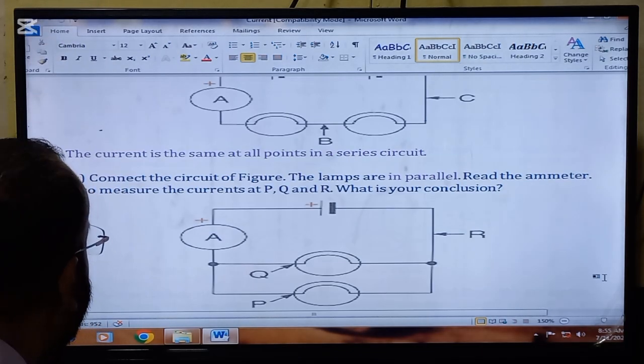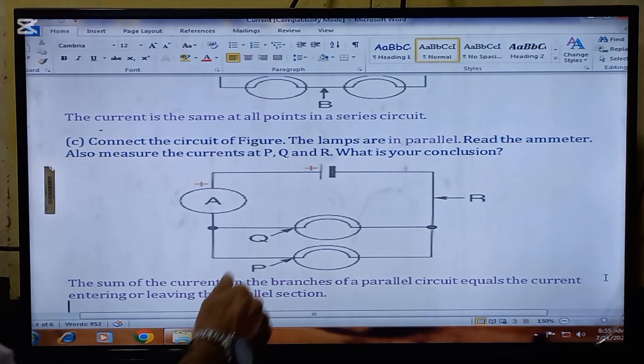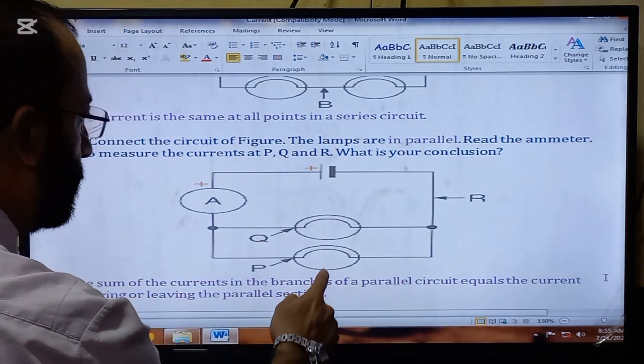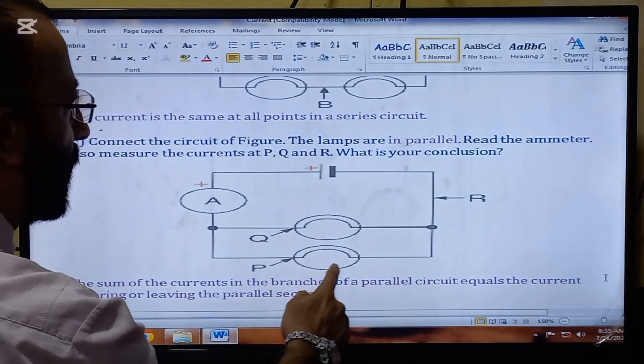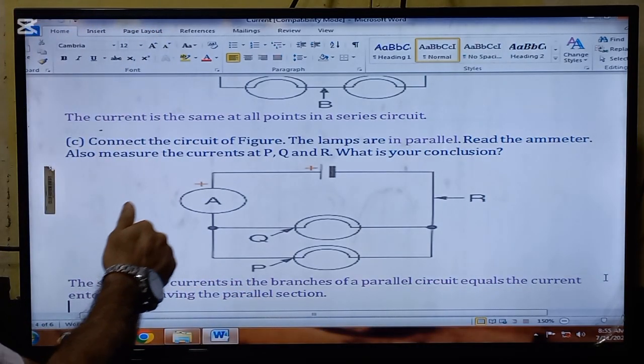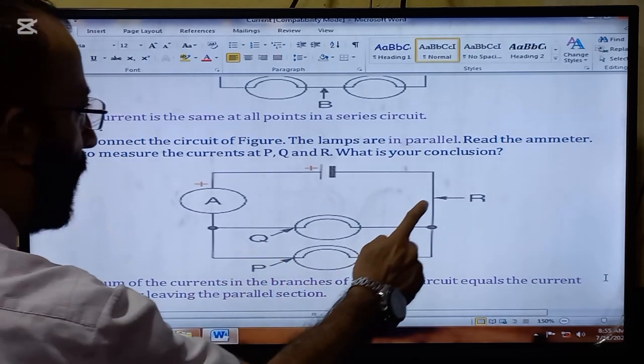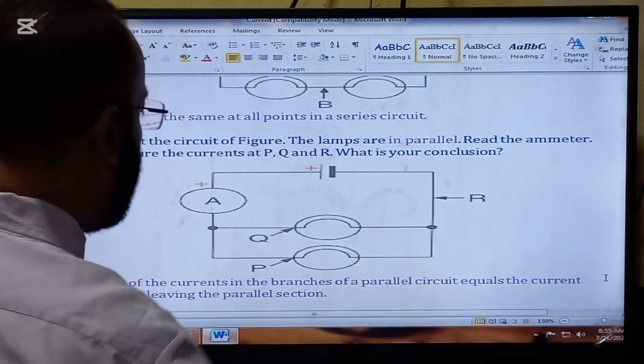Next, connect the circuit of the figure. The lamps are in parallel now. So here are the lamps in parallel. Read the ammeter. Also measure the currents at P, Q and R. Here is P, here is Q and here is R. What is your conclusion?